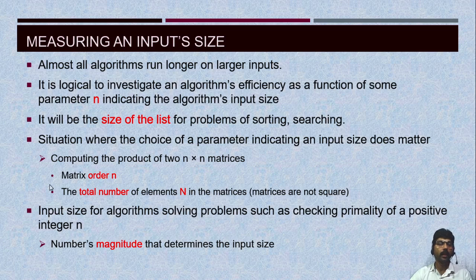In the next one, in some cases we are using a numeric value or integer value as the input. In this case, as the magnitude of the number increases, the efficiency of the algorithm also changes.